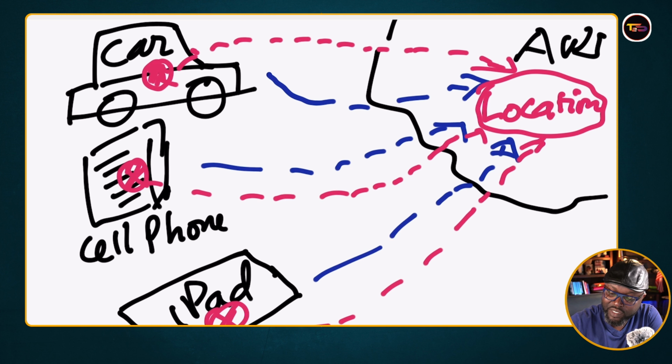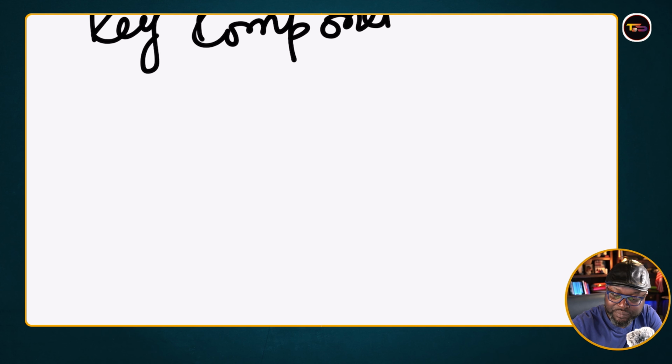So what are the key components when it comes to IoT? What would be the key components that are part of this? I'm going to name just a few here, then we'll look at this specific service on our management console.